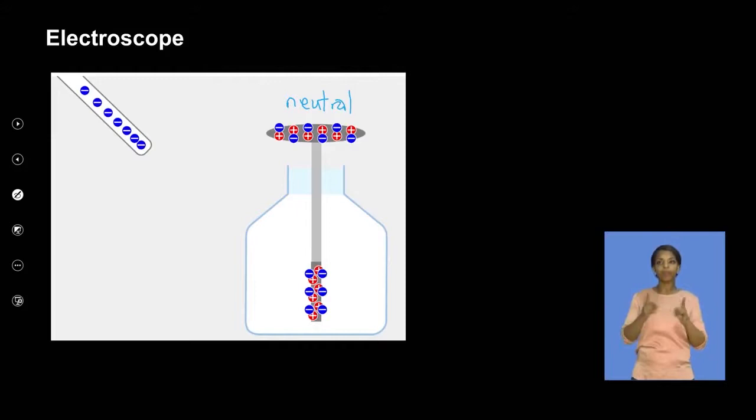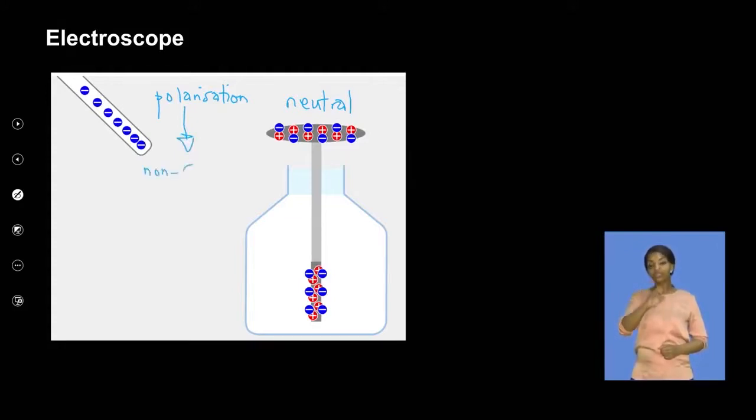Okay, so if we bring this closer to the neutral electroscope without touching, polarization does occur. Remember, if we don't make contact, the field forces or the non-contact forces actually act on these charges, and polarization is due to non-contact forces.